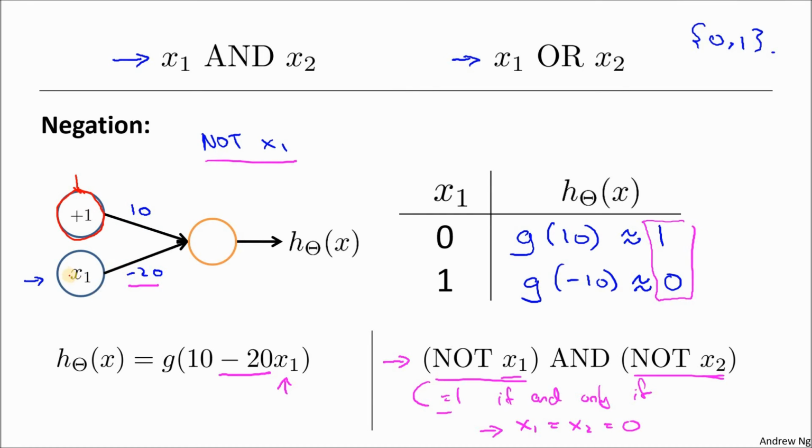So we select these weights, and we pass the value when it comes. For example, when the 0 comes, there will be a 0 over here, but the overall sum will be plus 10. Whereas if there is a 1, the overall sum will be minus 10. So plus 10 gives 1 and minus 10 gives 0.